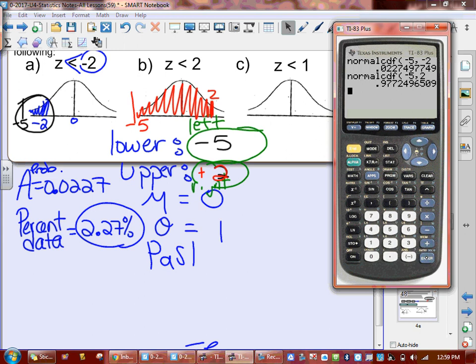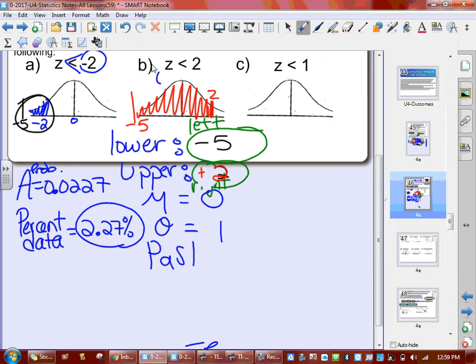So we've got 0.9772. That's how much area or probability is there. That's how much is shaded. Now the percent that is shaded, how much is our percentage? Good. So 97.72% is shaded.